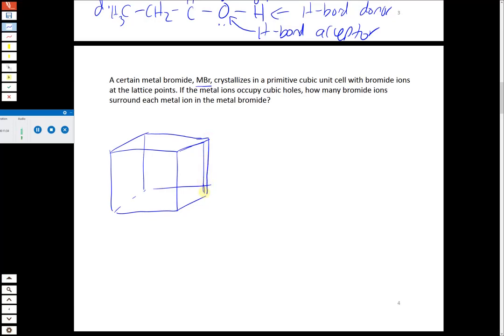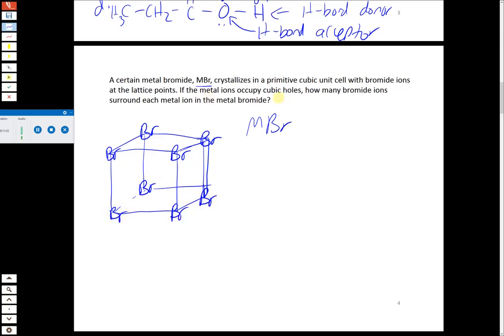Alright, so here's our cubic unit cell, and then we have bromide ions on the lattice points. That means we're going to have bromide, I'll just actually draw it in, on all corners. So when we have a primitive unit cell, we have just the corner positions occupied.